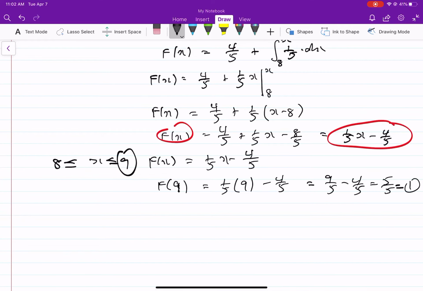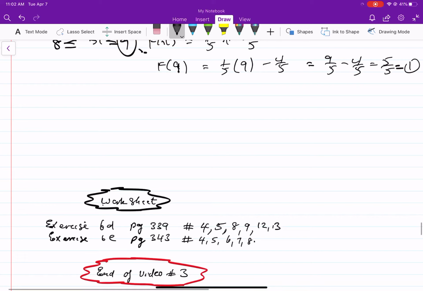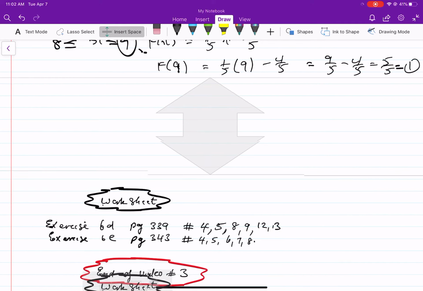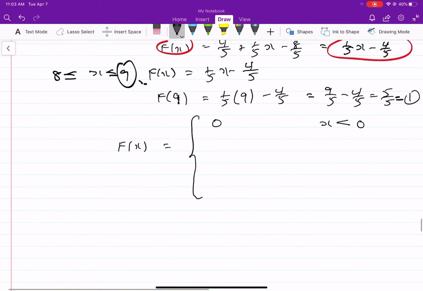Makes perfect sense. So here's the way I'm going to write the big F of x function. Big F of x is equal to, I'm going to say it's 0 for x less than 0.